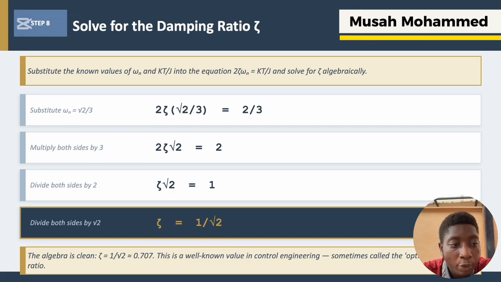Substituting, we get 2 zeta times the square root of 2 over 3 equal to 2/3. Making zeta the subject and solving, we get zeta equal to 1 over the square root of 2.